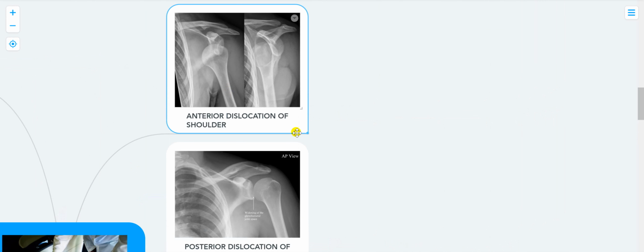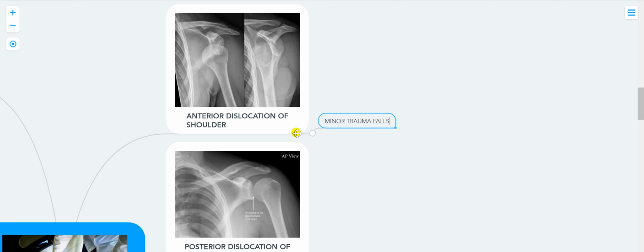So the anterior dislocation can be caused by a minor trauma like falls or a tackle. How does the patient present?